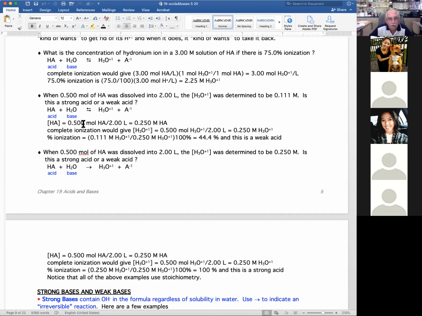I got 0.5 moles of the acid in 2 liters, so that's 0.25 moles per liter of the acid. Complete ionization would give me 0.25 moles per liter of hydronium ion. But I'm only getting 0.111 out of a possible 0.25, so that's about 44% ionization. So that's a weak acid.